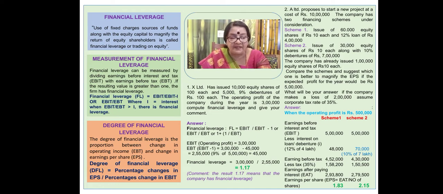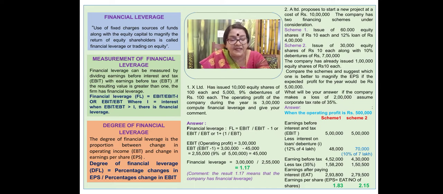From that, here it is given corporate tax rate is 35%, so we have to deduct the tax also. 4,52,000 into 35% and 4,30,000 into 35%. So it is coming 2,93,800 for the first one, and in the second case it is 2,79,500. That is EAT, earnings after interest and tax.